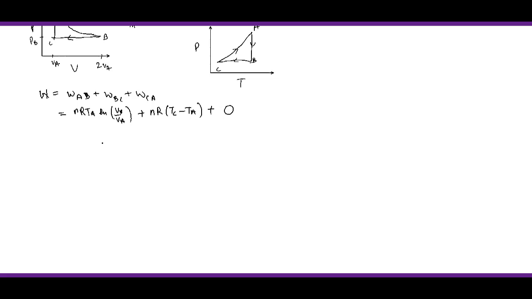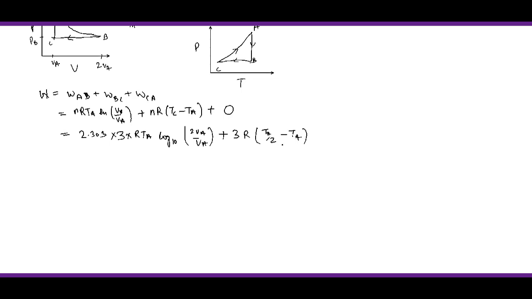So by calculating this, we can write here 2.303, because it is ln, so converting into log, it will be 2.303 into n, which is 3, the number of moles, into R into TA into log base 10 of VB, which is twice VA, upon VA, correct? So this will be log 2 only, plus 3R, TC is nothing but TA by 2, we have already seen, minus TA, correct?